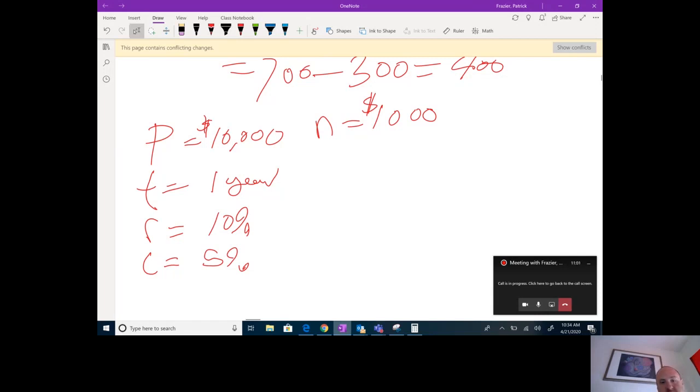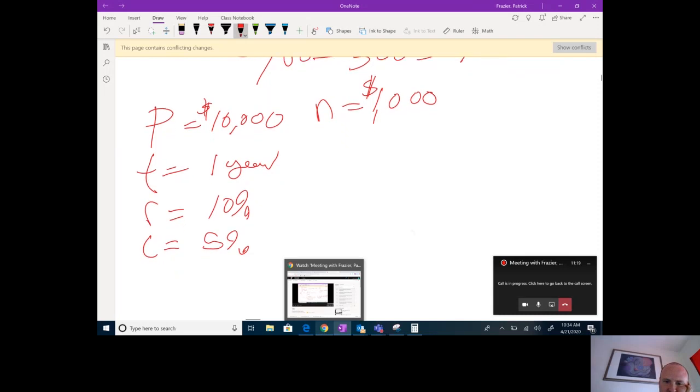And then we want to figure out the net proceeds of the loan. That's going to be the principal minus the nominal rate, which is $1,000, minus this compensating deposit. Well, the compensating deposit, D, is just 5% of the $10,000.